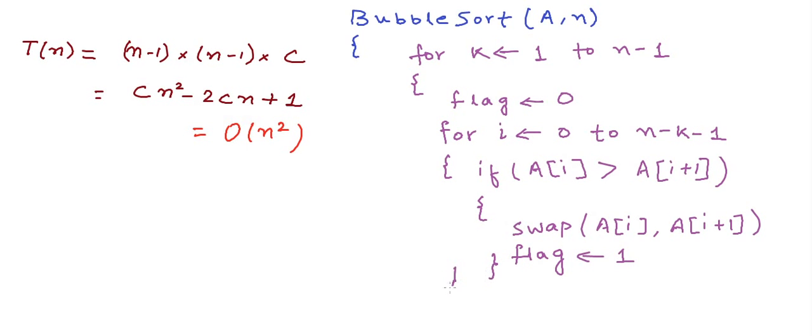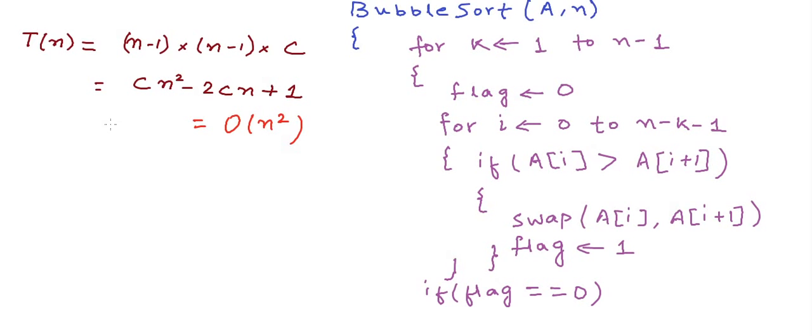And now when we come out of this loop after a pass, if flag is 0, then there has not been even one swap. So we do not need to conduct any more passes, so we can break out of the outer loop, and this way we will avoid making redundant passes once the array is sorted.